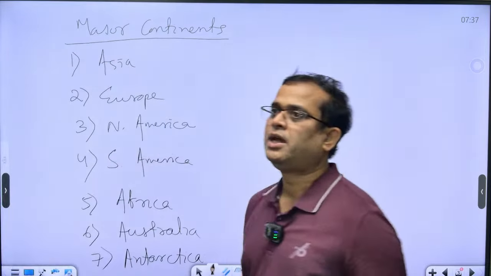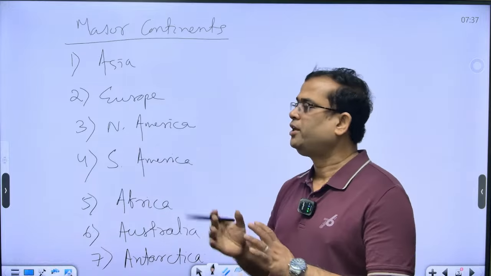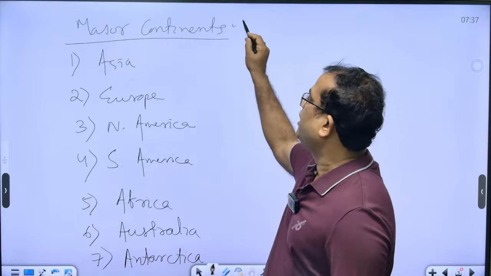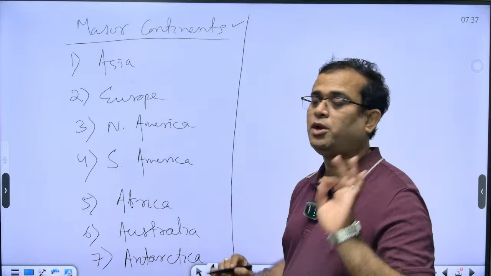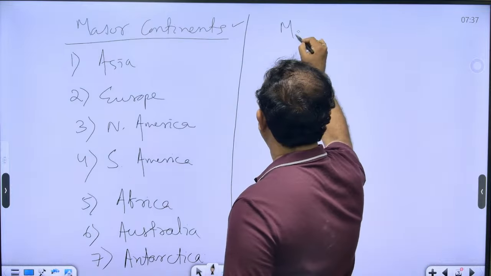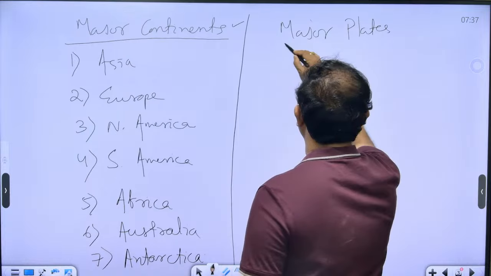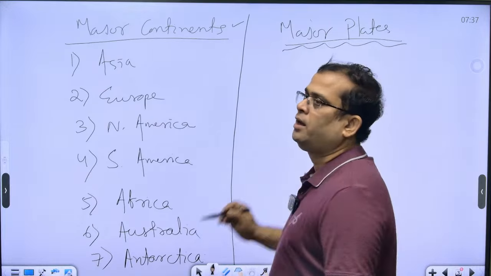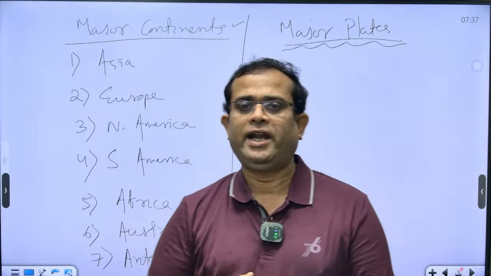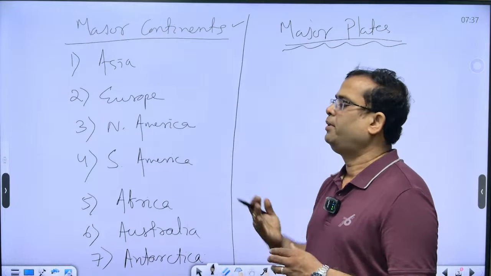From this I have to tell you one major thing: these are the major continents, but if I ask about the major plates, you have to understand the basic difference. In the prelims, the questions need more conceptual clarity rather than basic understanding.